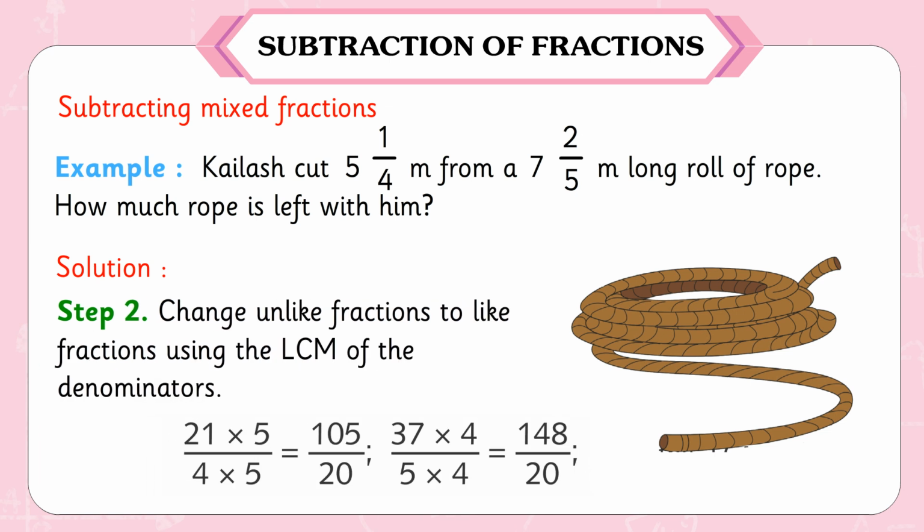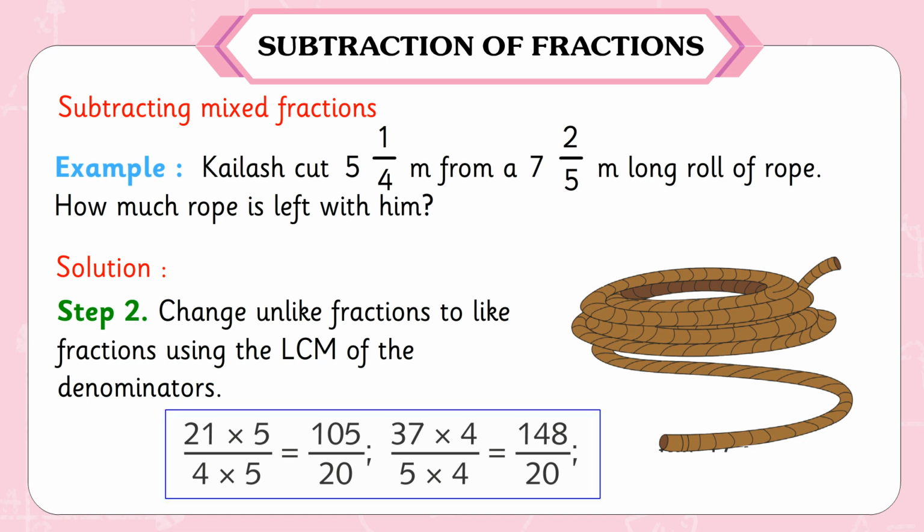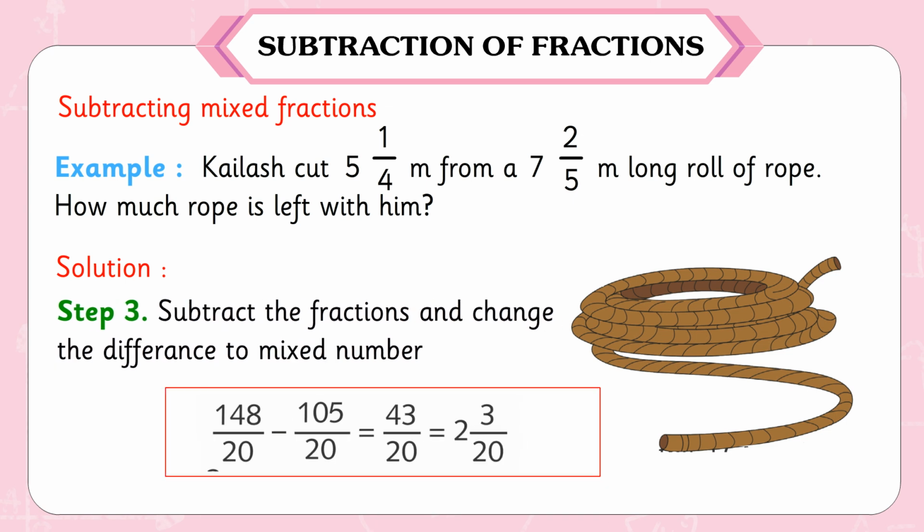Step 2. Change unlike fractions to like fractions using the LCM of the denominators. 21 into 5 upon 4 into 5 is equal to 105 upon 20. 37 into 4 upon 5 into 4 is equal to 148 upon 20. Step 3. Subtract the fractions and change the difference to mixed number.